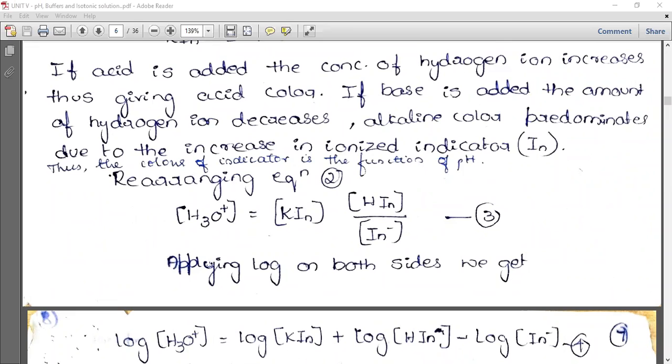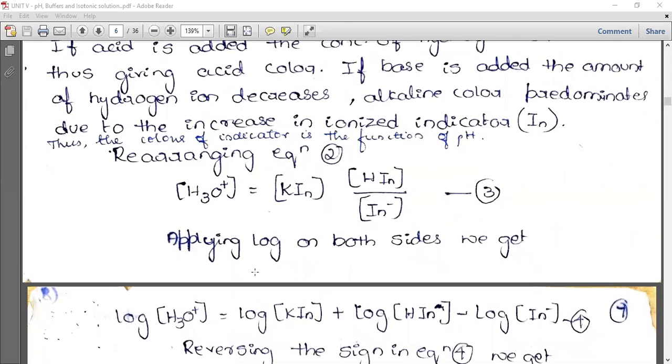Okay. We are now taking log on both sides of the whole equation. What do we get? Log H3O plus is equal to log KIN, and this is in the form of log M by N. What is log M by N? Log M by N is nothing but log M minus log N, right? So the same thing, plus log of HIN minus log IN minus.